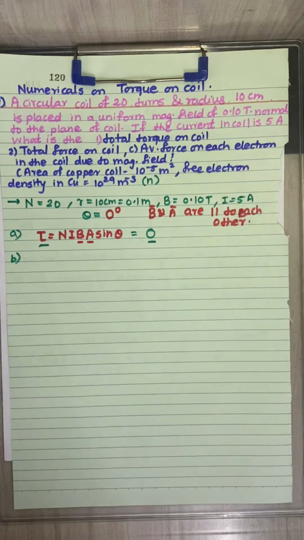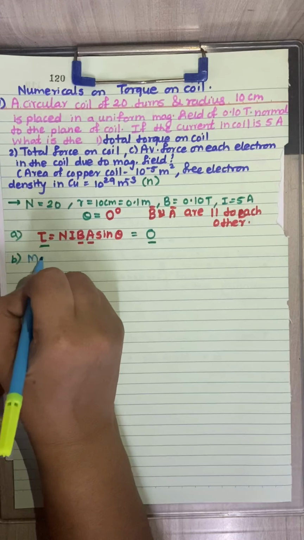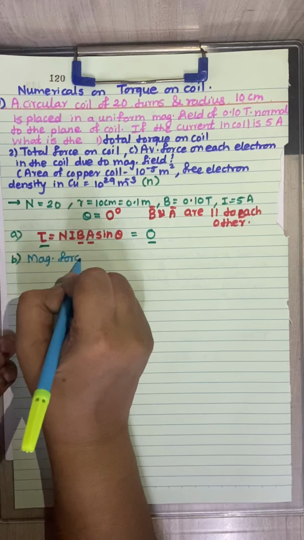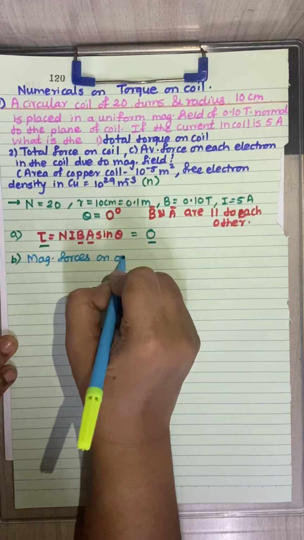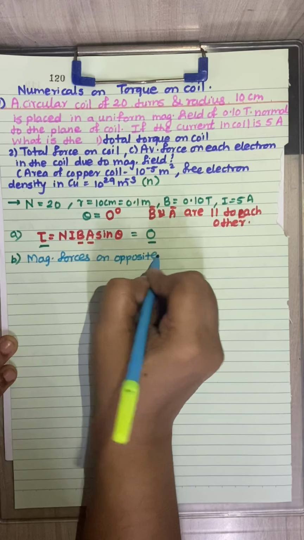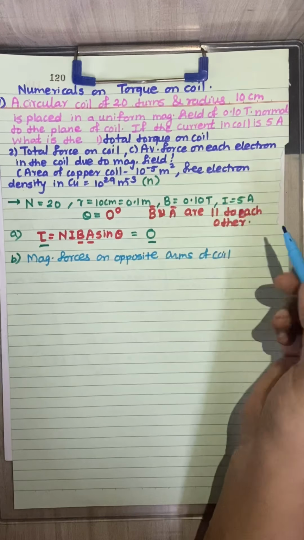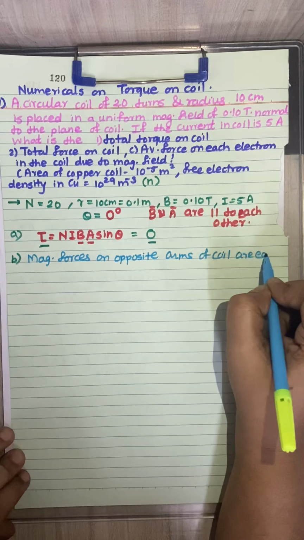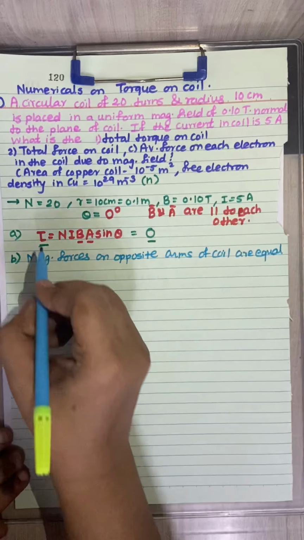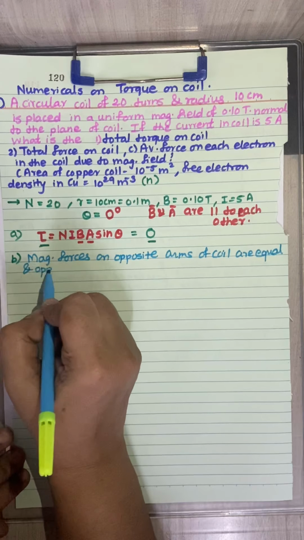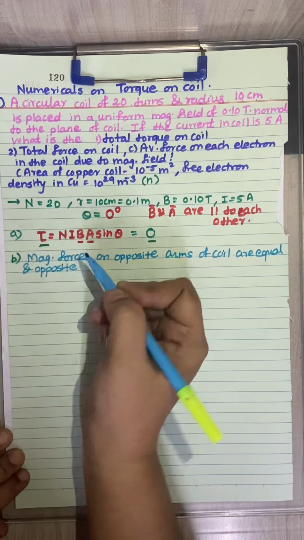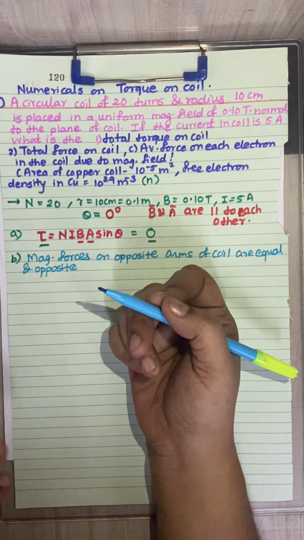Okay, so we will write down here: the magnetic forces on opposite arms of the coil are equal and opposite, whether the current is clockwise or anti-clockwise.